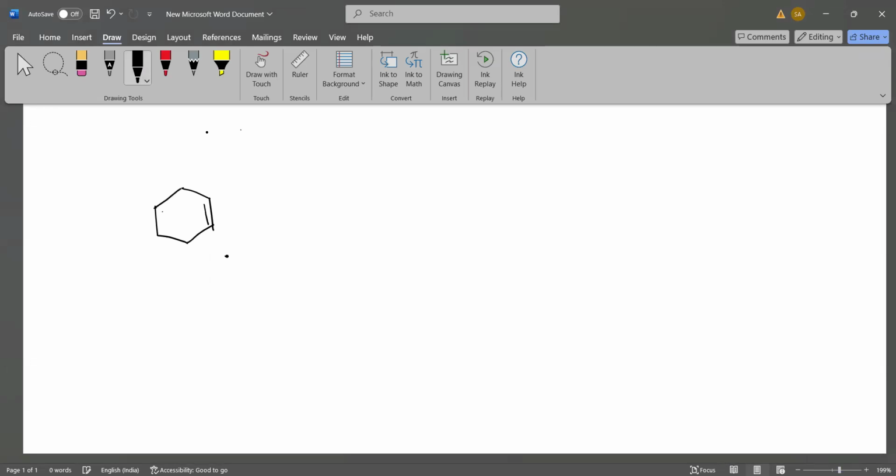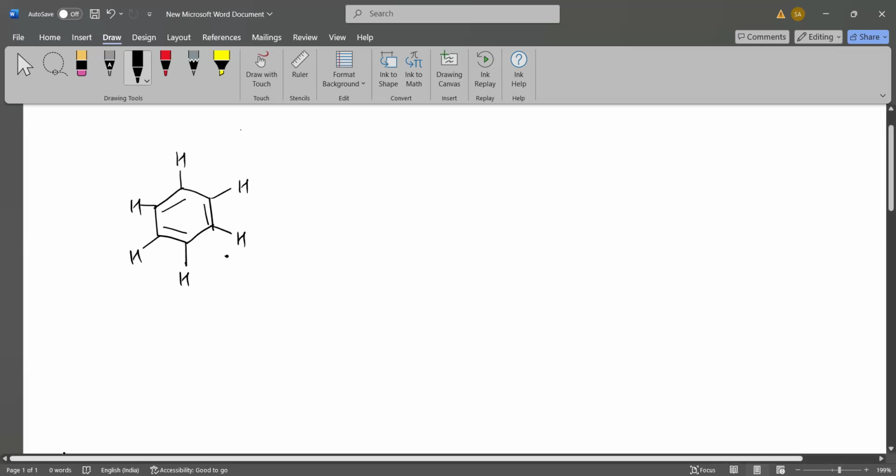It has alternate double bonds, right? Another thing is, it is planar, right? And each corner consists of one hydrogen. Hydrogen, hydrogen, hydrogen, hydrogen, hydrogen, and the hydrogen present over here. This is the benzene structure, because the molecular formula for benzene is C6H6, correct?